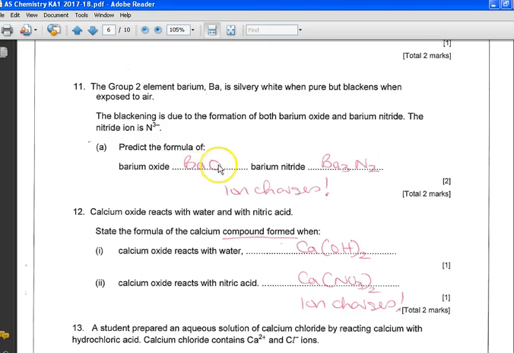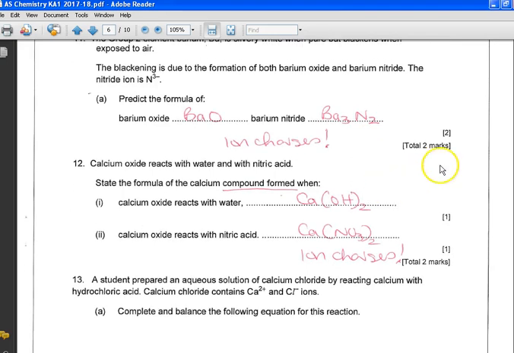So the formula, oxygen forms a 2-, Ba is 2+, so BaO. And here we've got 2+ and 3-, so we obviously need to multiply them up. But if you don't know your ion charges, you will find these questions extremely difficult. So please, I cannot stress enough how important it is that you learn this basic information.